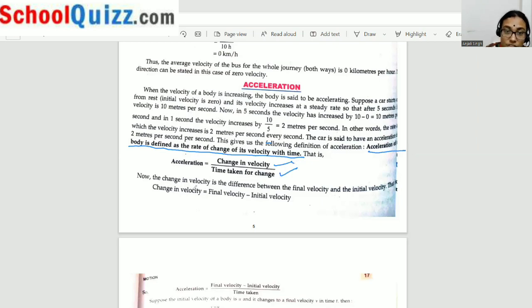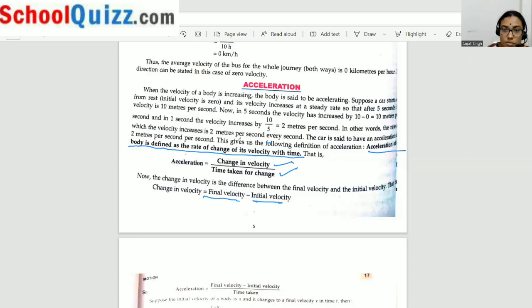What is the meaning of change in velocity? The change in velocity always depends on final and initial velocity. The final velocity may be greater, or sometimes it may be lesser also.